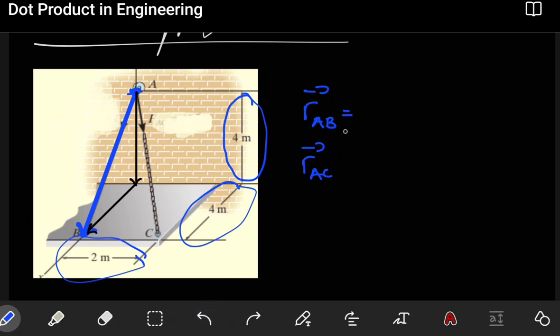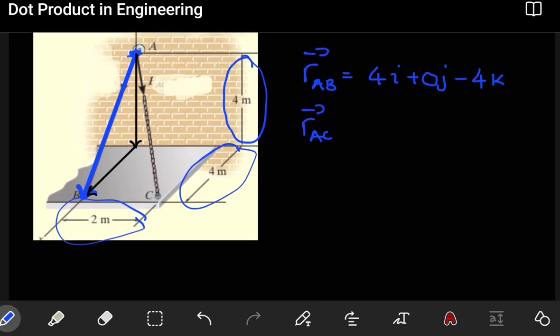So for RAB, we move positive 4 in the i direction. We don't move at all in the y-axis, so that's just a 0, or you can leave it out. And then in the z-axis, you have to go down, so the negative, by 4 meters. That is in the k direction.